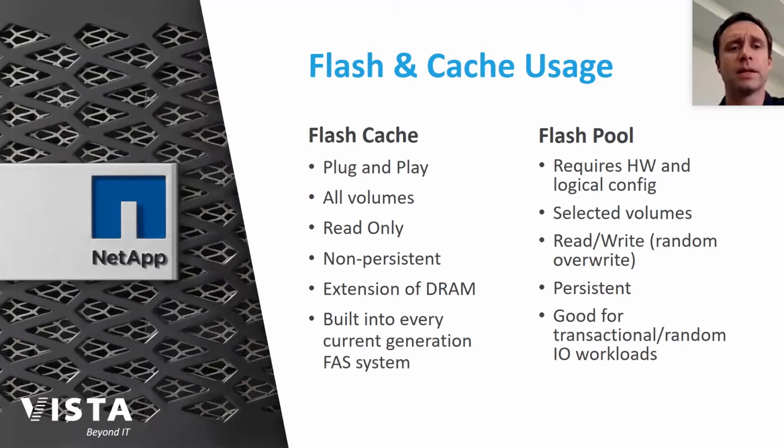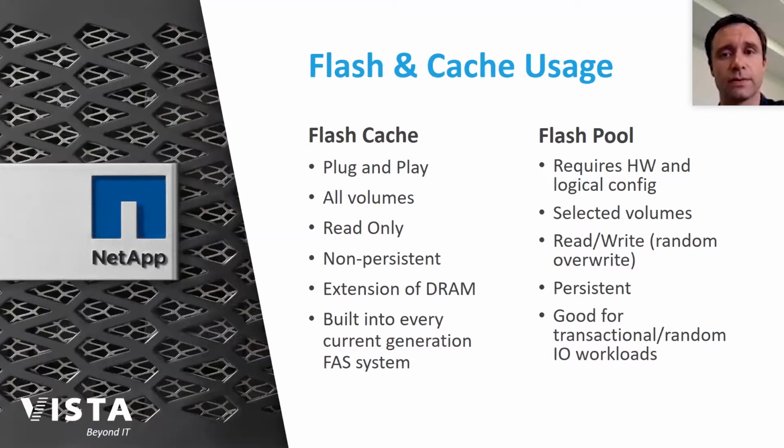We also have the ability to use flash cache and flash pool and persistent SSD storage all in the same system. So there's a little bit of an overlap with flash cache and flash pool, but there are differences. The thing that I really like about flash cache is that it is built into every current generation NetApp array. It's a PCI card.